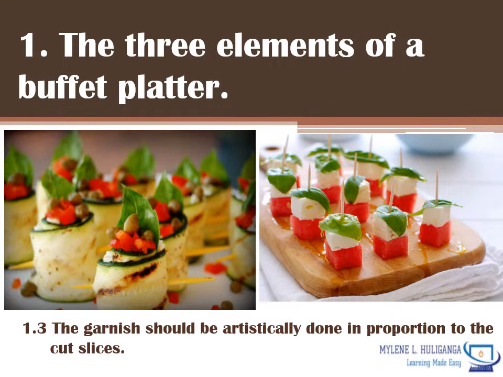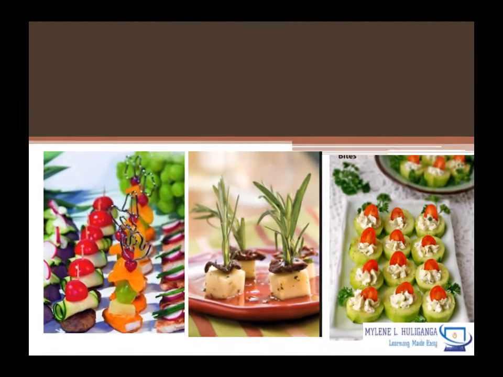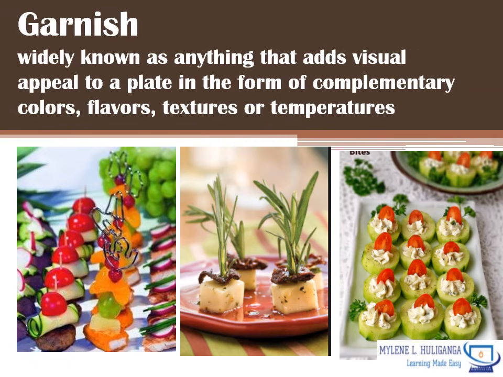The third element of a buffet platter is that the garnish should be artistically done in proportion to the cut slices. Garnish is widely known as anything that adds visual appeal to a plate in the form of complementary colors, flavors, textures, or temperatures.